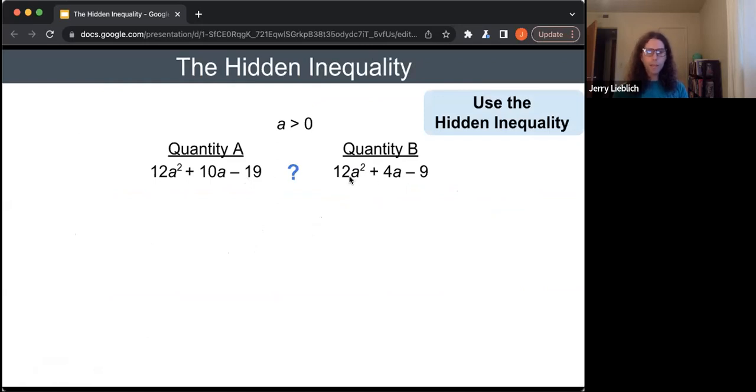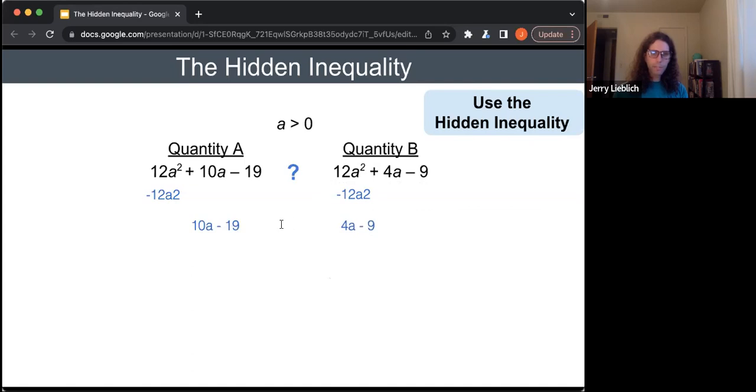I see I've got 12a squared on both sides. So I'm going to start by subtracting 12a squared from both sides. That already gives me something much nicer to work with.